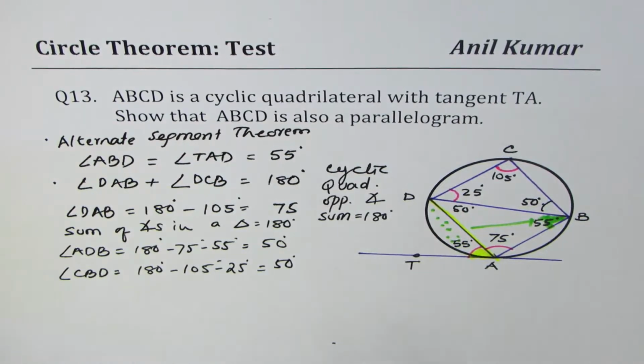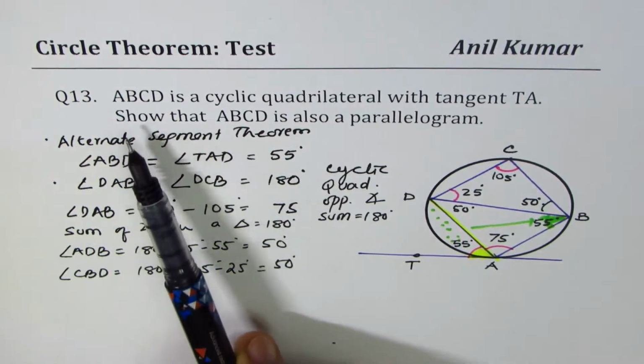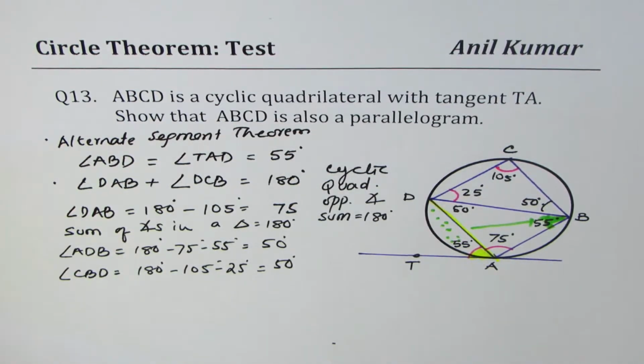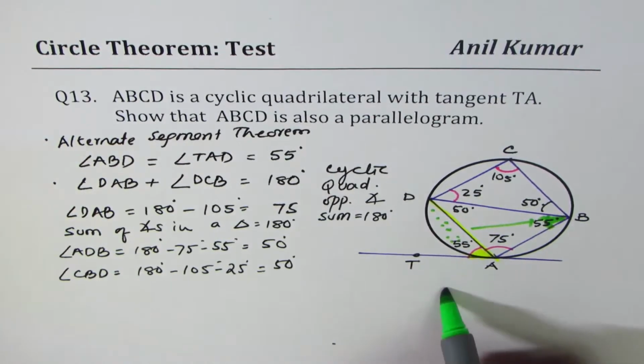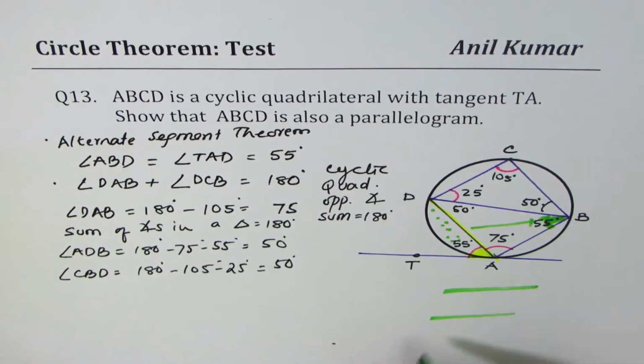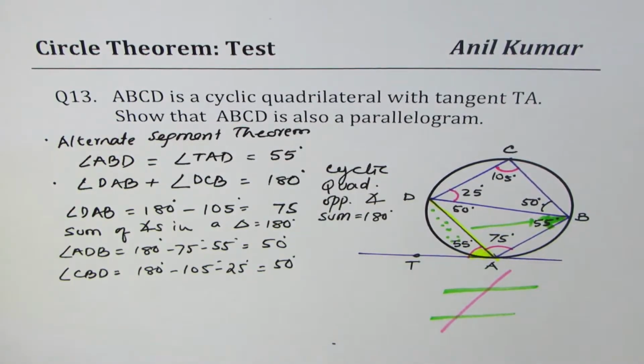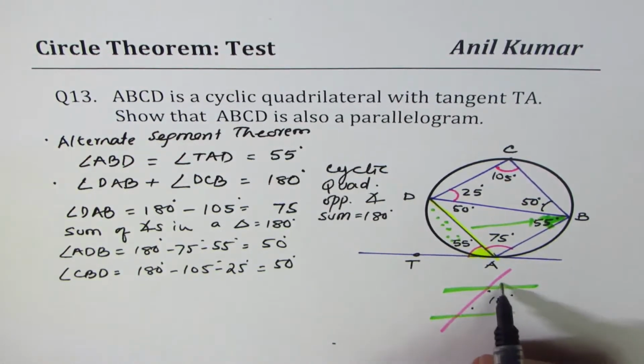Okay. Now, we need to show that ABCD is also a parallelogram. How can you do that? In a parallelogram, we have to show that two lines are parallel. If we have a transversal line, in that case, the sum of interior angles is 180 degrees for parallel lines.